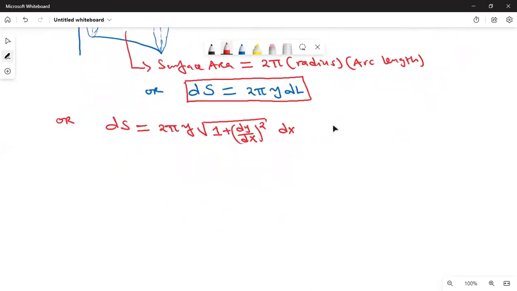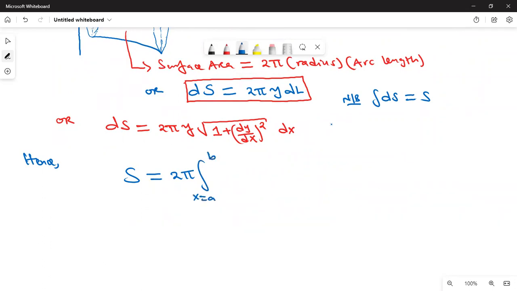Take note that when you integrate ds, the integral of ds will give you s. So hence, to get s, remember 2 pi is a constant, you can factor that out. So we are integrating from x equals a to b of, instead of y, you could write f of x, because y is equal to f of x.